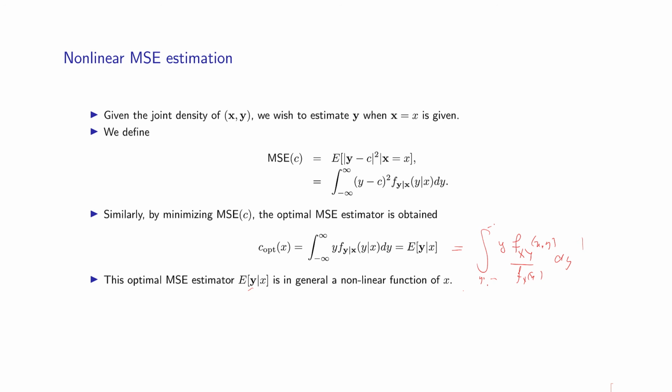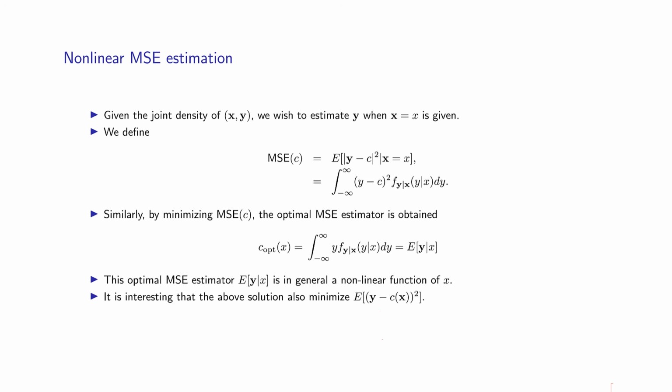Sometimes it's available, and because you don't know it, estimating and finding this nonlinear function may not be practical if you don't have the joint distribution. But theoretically, this is very interesting, and it gives some guideline to more practical estimators.